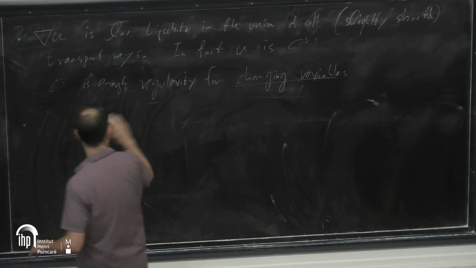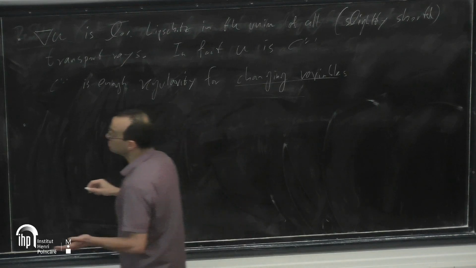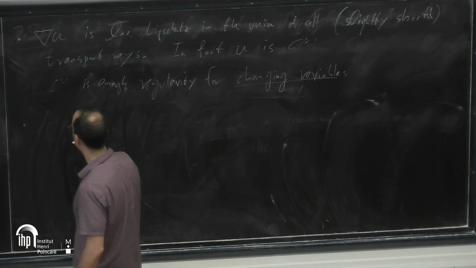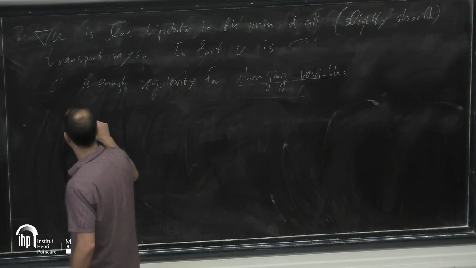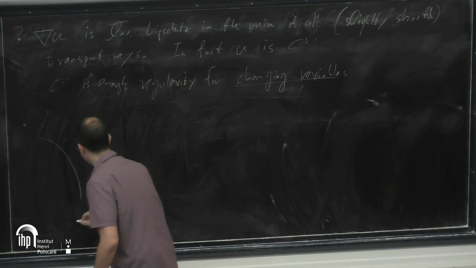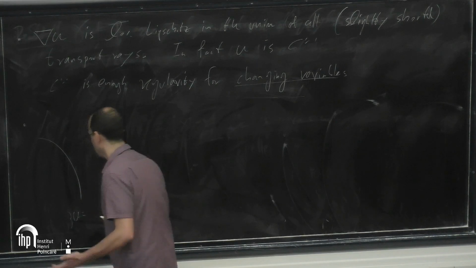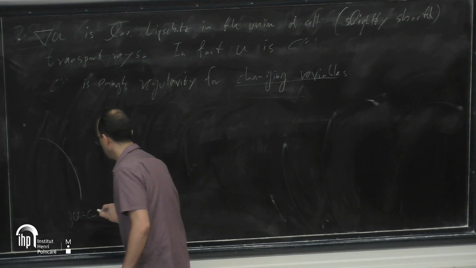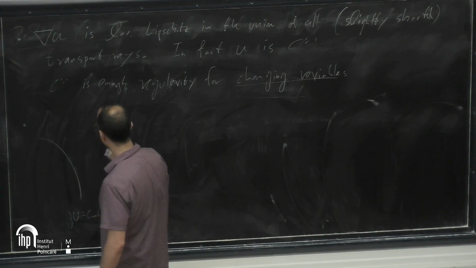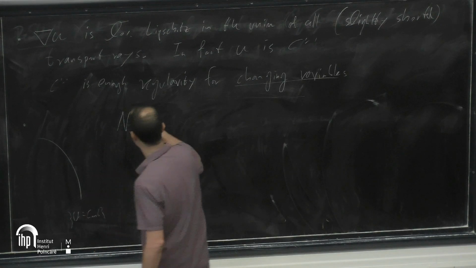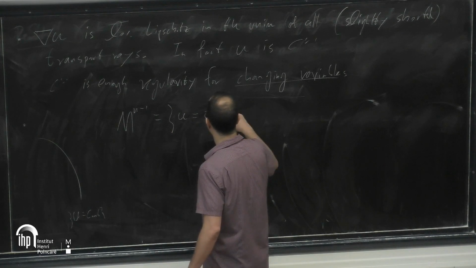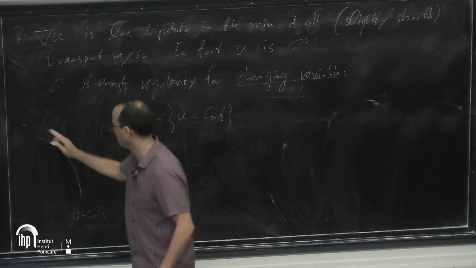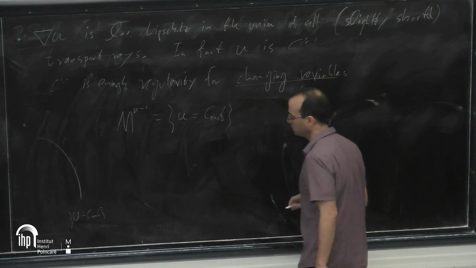Okay, so I should draw a bit of a picture. Let's take some level set of the function u, where u equals some constant number. I call it M, because I think of it as a manifold of dimension n-1, maybe not so smooth, but a manifold.